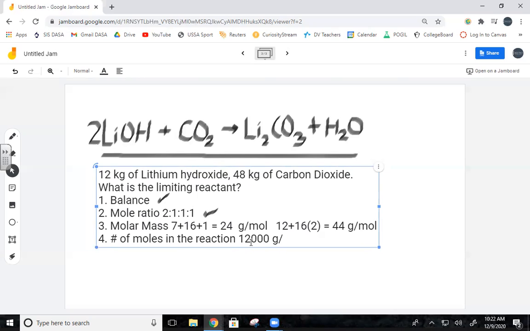We divide that by the molar mass to determine the number of moles. So 12,000 grams divided by 24, which is lithium hydroxide's molar mass, right? If you want to do this along with me, I would recommend grabbing a calculator.